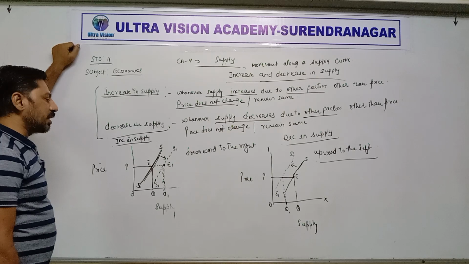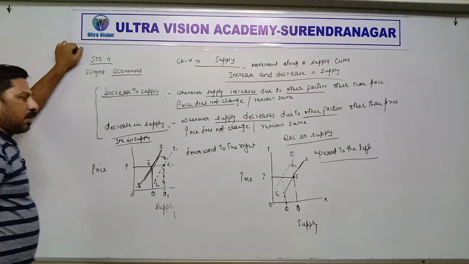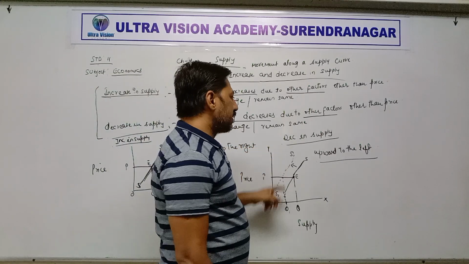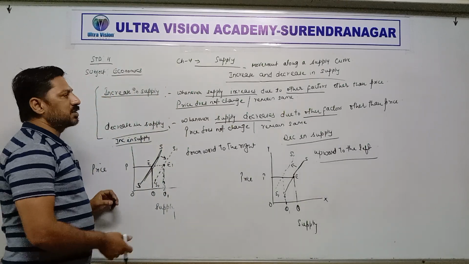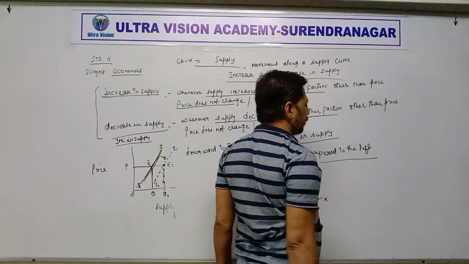In increase in supply it shifts downward to the right, and in decreasing supply it shifts upward to the left. That's why it is also known as movement along a supply curve.